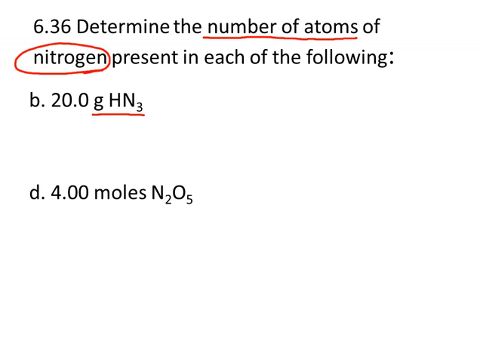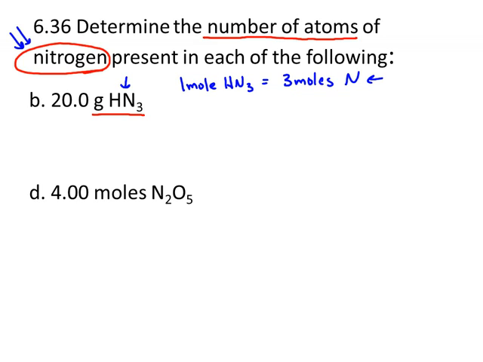So I notice here that in 1 mole of HN3, I have 3 moles of N. And I know that I need to do this because the problem asked me for just nitrogen, but I'm given the whole compound. So I know that at some point I'm going to have to use this relationship.